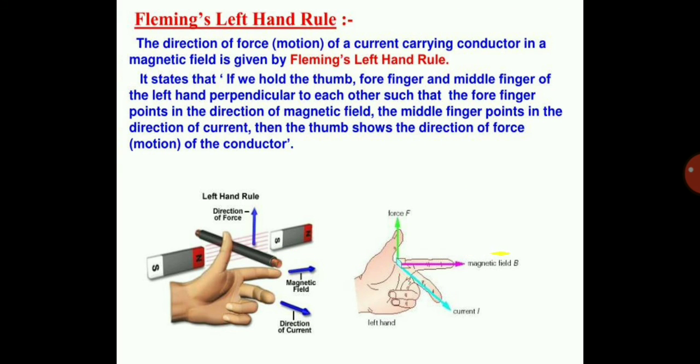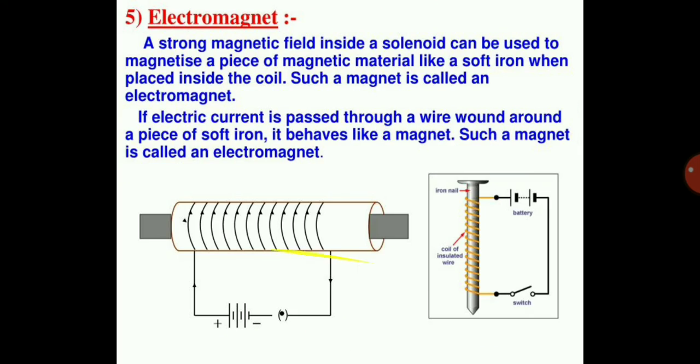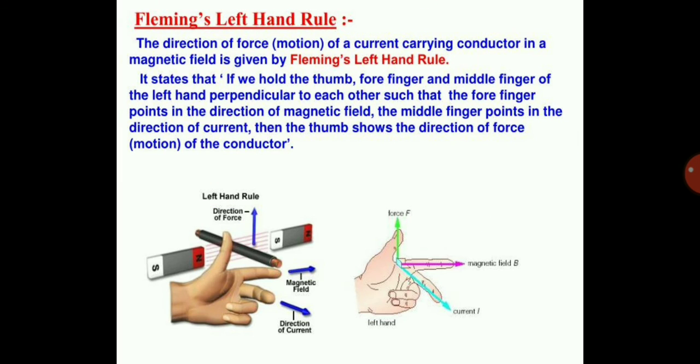This is your magnetic field. Then the middle finger points in the direction of the current. This is your current. Then the thumb shows the direction of the force on the conductor. Okay, then the force is shown by the thumb. This is known as Fleming's left hand rule.